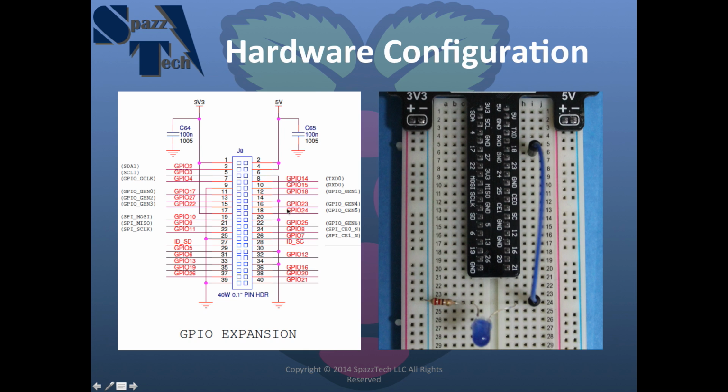Now somewhere along the line, those pins are connected to other places on the board, and that's what these are here. So all these names here, GPIO 14, GPIO 15, and so on, those are actually names of pins that are on the BCM 2835 processor.